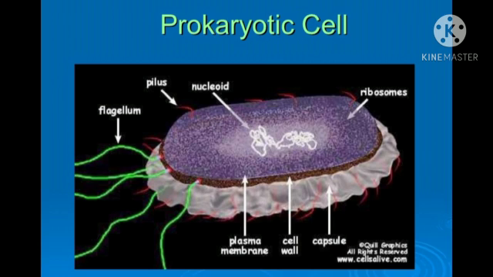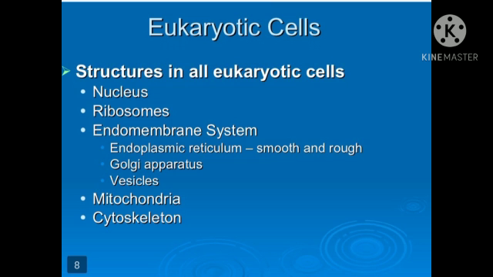Example, bacterial cell. The other one is the eukaryotic cell, which consists of nucleus, ribosomes, endomembrane system, that is endoplasmic reticulum, smooth or rough, Golgi apparatus, vesicle, then mitochondria and cytoskeleton.